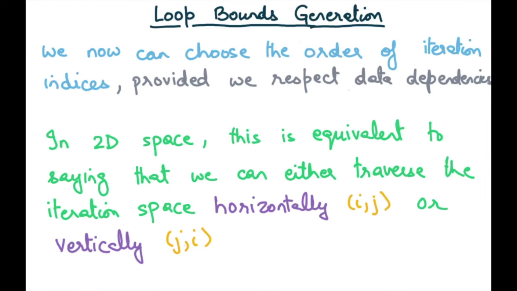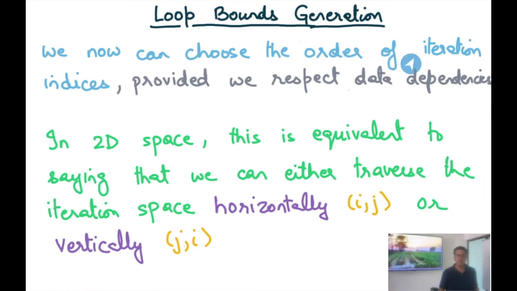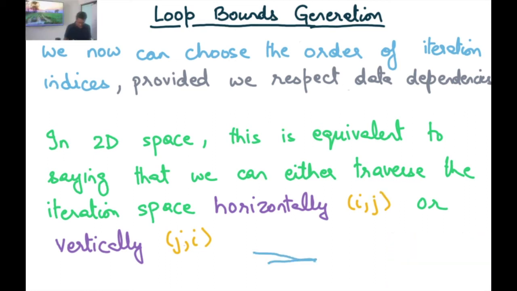Okay, so we now can choose the order of iteration indices provided we respect data dependencies. All this discussion is basically under the caveat that we have been able to preserve data dependencies. Perhaps there are no data dependencies. We have not been talking about data dependencies. And in the 2D space, the fact that we can reorder the iteration space any way we like is equivalent to saying either we can traverse the iteration space horizontally, which is something like this, or I can traverse the iteration space vertically, which is something like this.